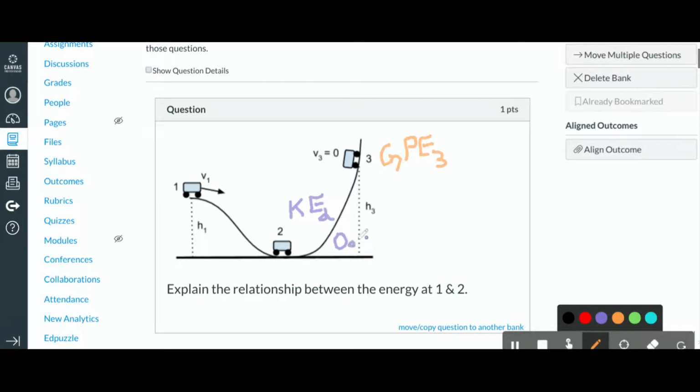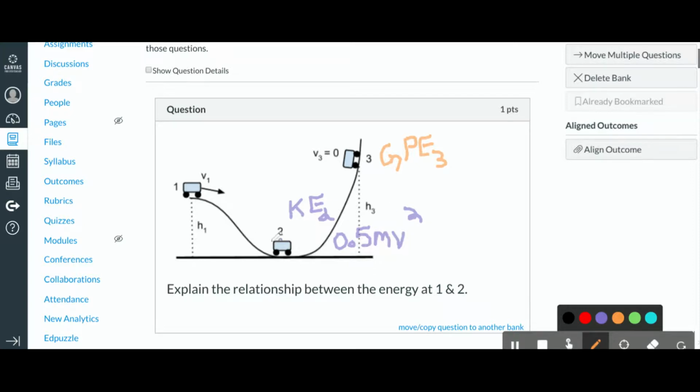So here at KE2, we're going to have 0.5 times the mass, that's what m means, times the velocity squared. And that's just how it is. If you have a mass and a velocity, the velocity is always squared. It's how the world works.